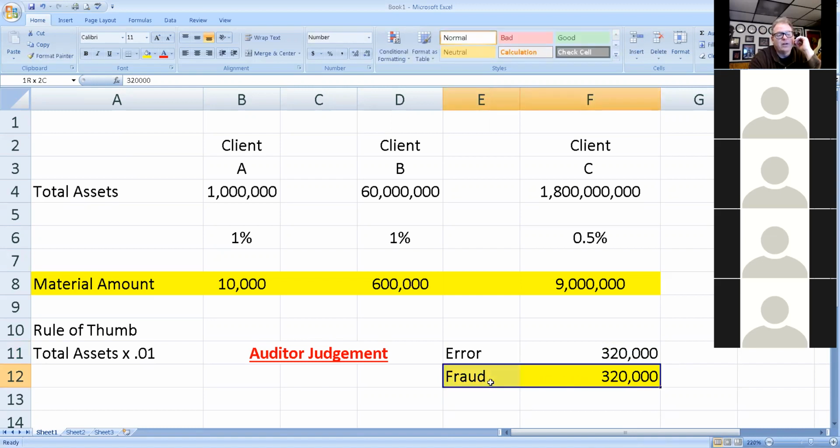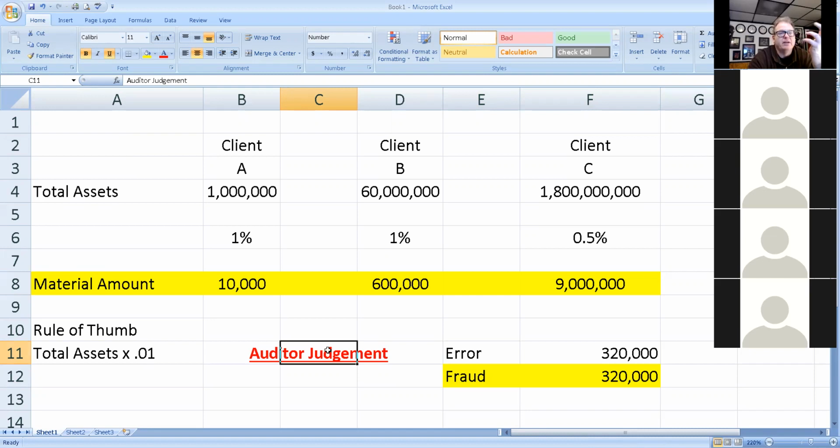And the fraud too, it depends on who's doing it. If a lower level employee is doing some fraud, it's probably not that big a deal. But if you got someone like the chief financial officer doing fraud, that is a big deal, even though the dollar amounts might be the same. So again, when we say material misstatement, I understand why it's a difficult concept.